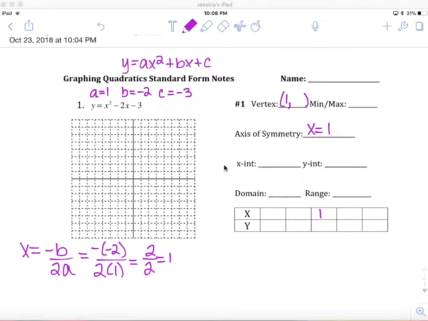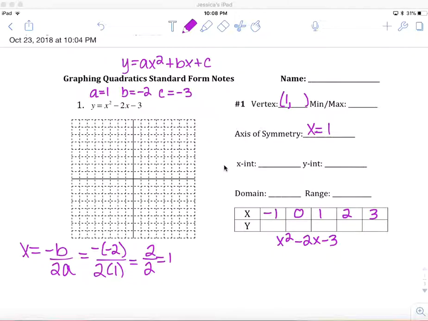This tells us that we are going to center our table around 1, so I'm going to go away from it by using 2 and 3, and the other direction I'll use 0 and negative 1. Now to fill in our table, we're going to use our function, so in this case it's x squared minus 2x minus 3, and we're going to plug in our x values.